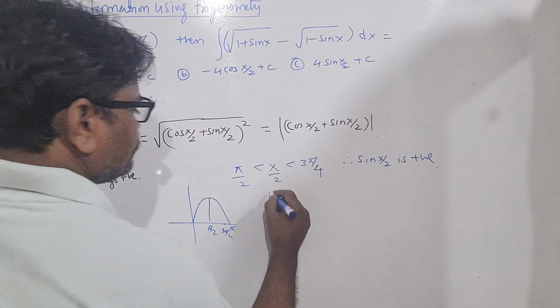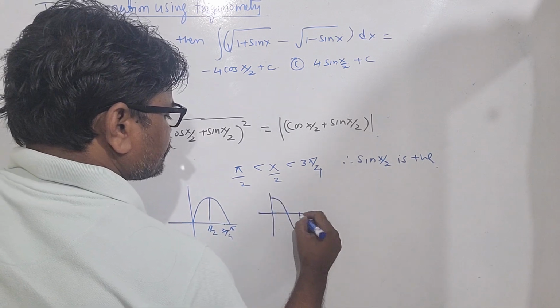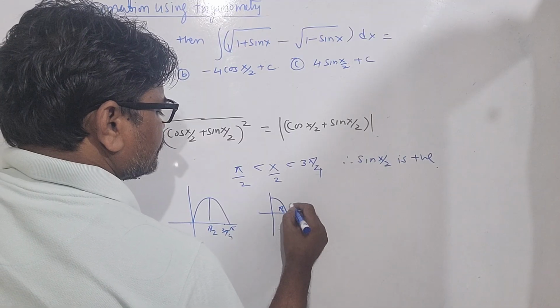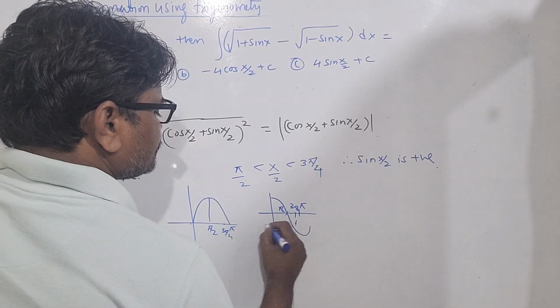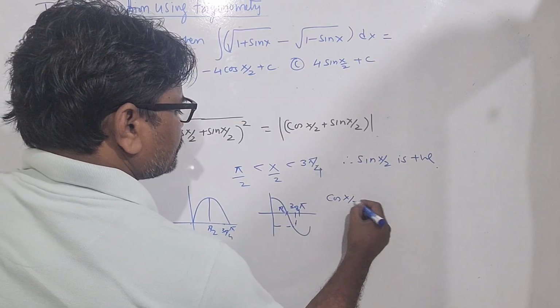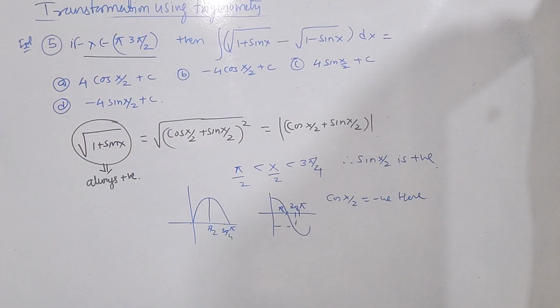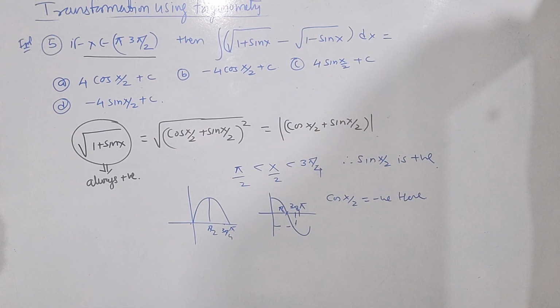And coming to the cos function graph, this is cos, this is pi, correct? This is pi by 2, and here it is 3 pi by 2, 3 pi by 4. So cos x by 2 is negative here, correct? Now what about this cos x by 2 plus sin x by 2?